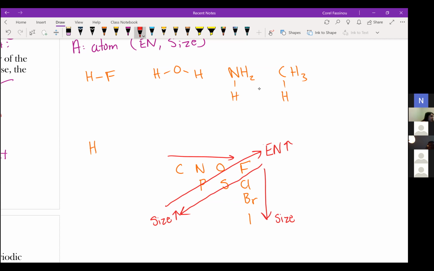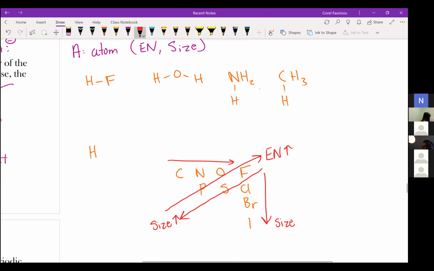So what that's going to tell us is that between HF, OH, NH2, and then CH3, we're going to look at that center atom that's connected to that proton. We're going to compare whether it is in the same group or in the same period.